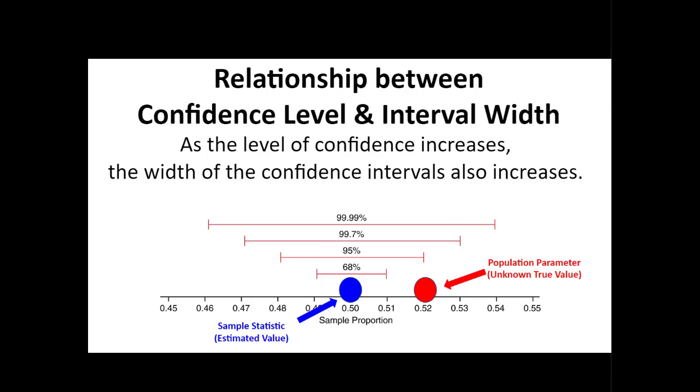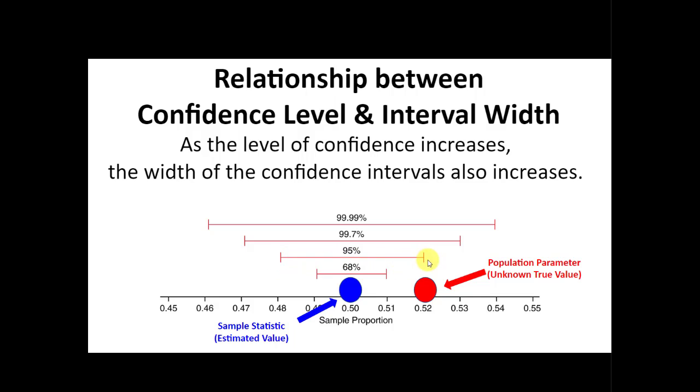The relationship between the confidence level and the interval width is clear to see. Here we have a 68% confidence level. Notice that the width of this interval is much smaller, right? It's shorter than the 95% confidence level.